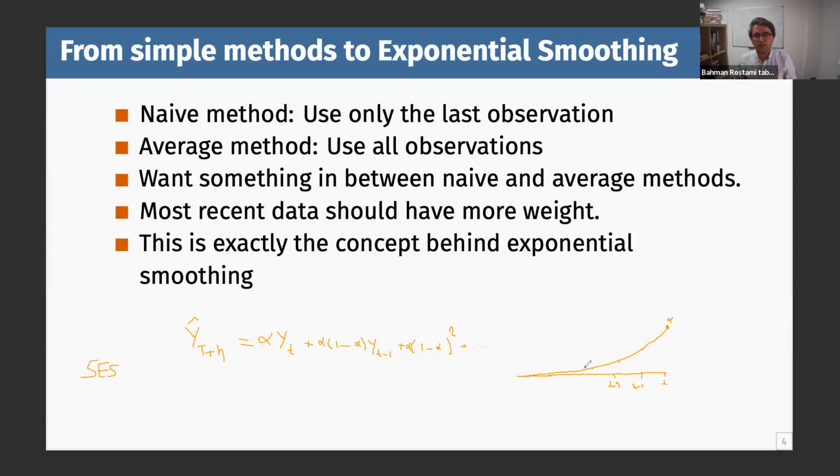We introduce a weighting mechanism by introducing a parameter called alpha, and alpha can change between 0 and 1. Then we created these weights from the most recent to the first observation. Now you can tell me what happens if alpha equals 1. Can you put it in the chat?